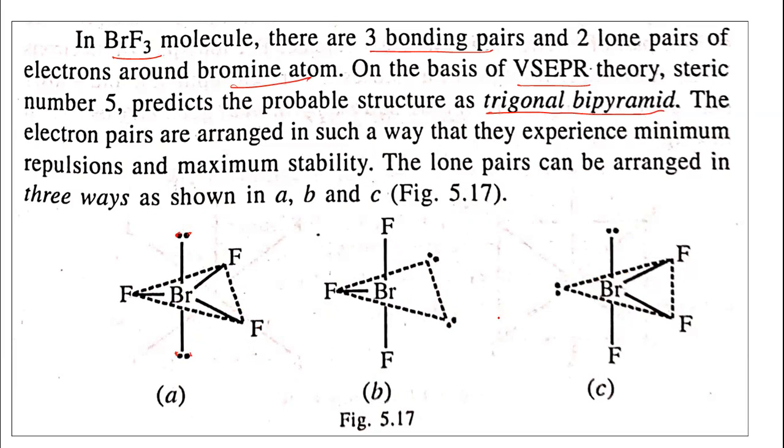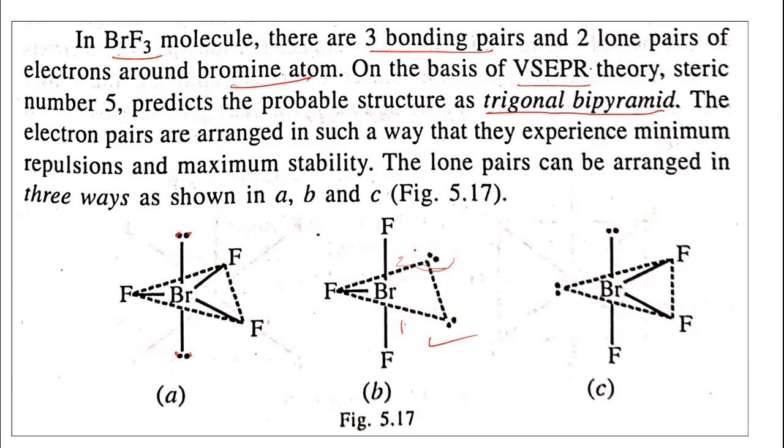In position C, one lone pair will be at an axial and one at an equatorial position. Structure B is the correct position, because only 2 BrF bonds, this is one BrF bond and this is the second BrF bond, come under the influence of the lone pair electrons.